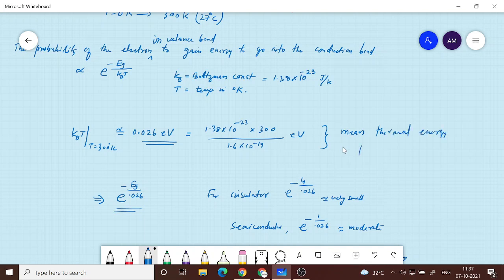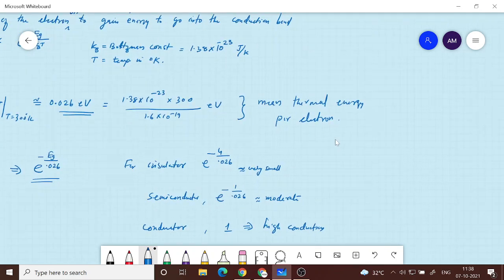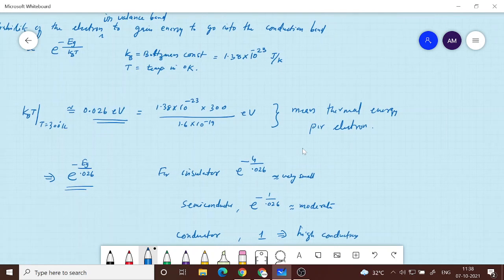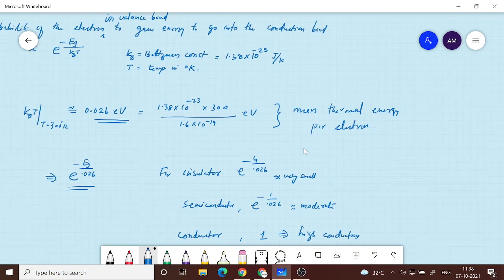Now, if the mean is this, it means there are many electrons which have energy higher than this, and there are many electrons which have energy lower than this. So as you go away from the mean, the number of electrons having those higher energies reduces and reduces. But still there will be some fraction of electrons which will have enough energy, say 1 electron volt, for example.